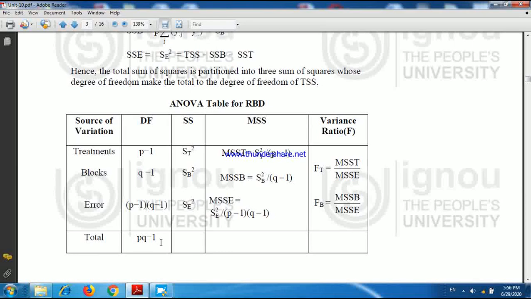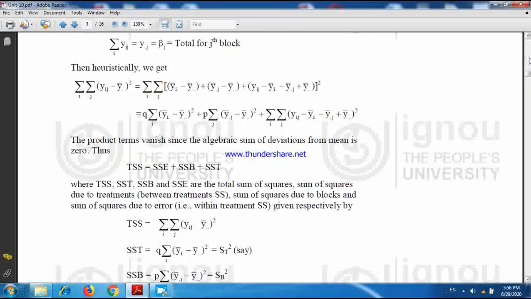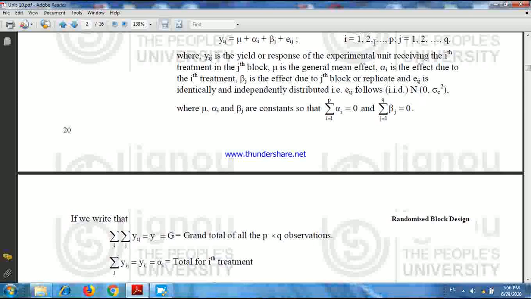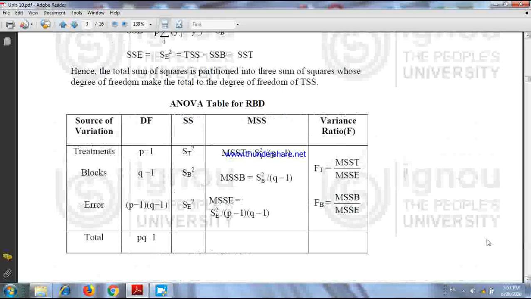Total degrees of freedom PQ minus 1, because in total we have PQ experimental units. I goes from 1 to P and J goes from 1 to Q. So we have P treatments and Q blocks. So in total, how many experimental units?